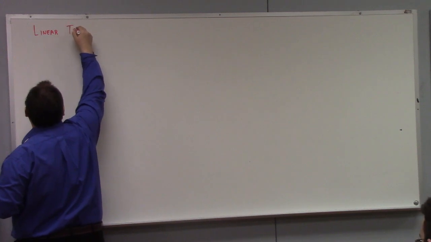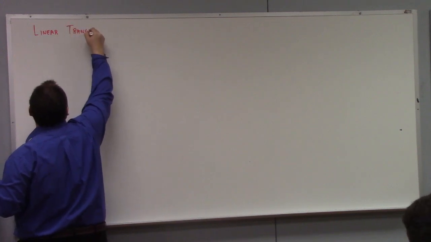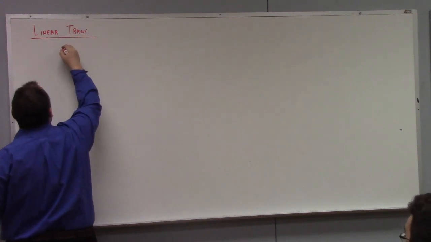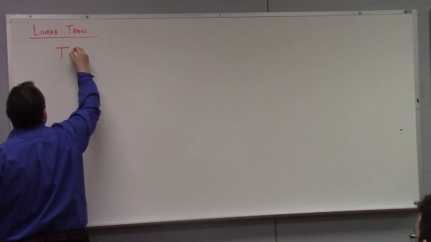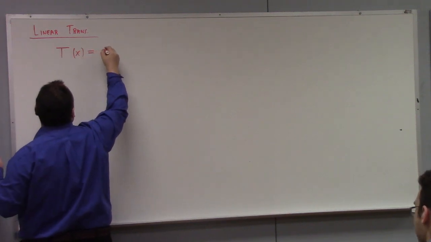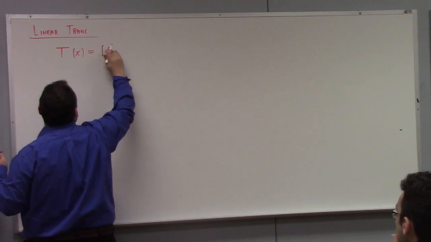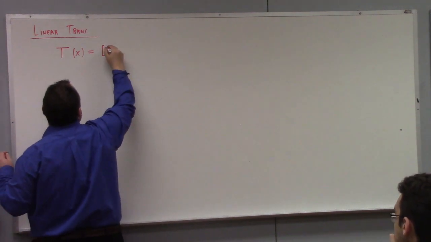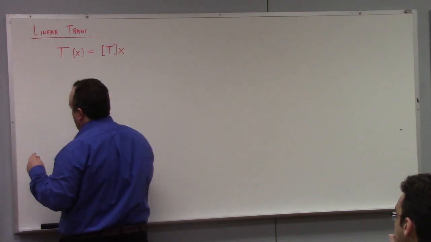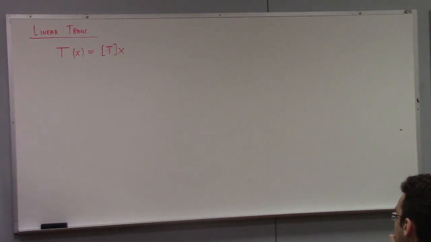But linear transformations, recall what we found. We found that if we have a linear transformation T of x, we can write it as the standard matrix of T times x. And do you guys remember how we defined that?